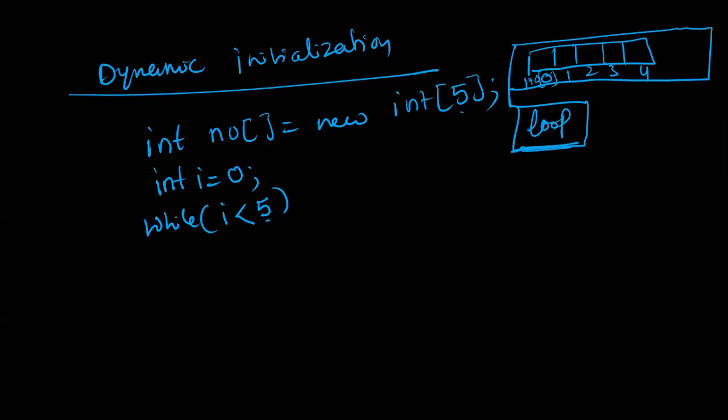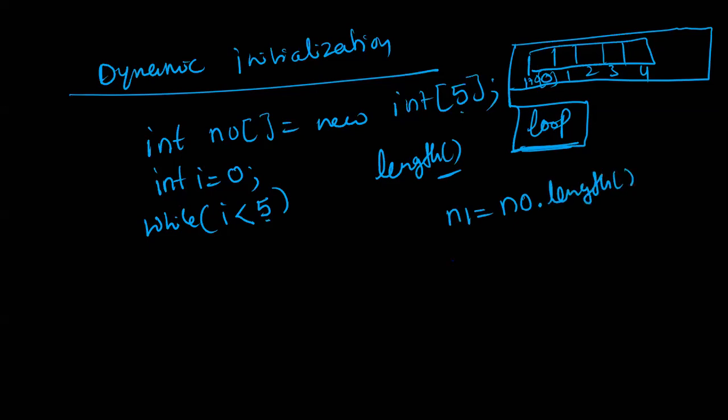For example, if you want to find the length using some method, here I am declaring a constant value myself. Instead of that, there is a function called length, which gives the size of the array. For example, n1 is equal to number.length.